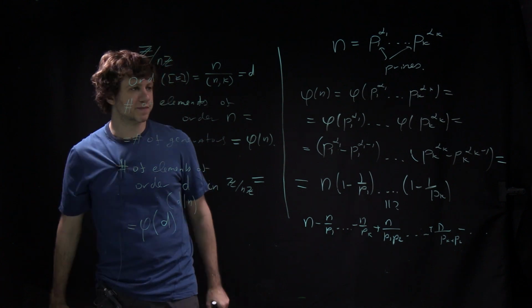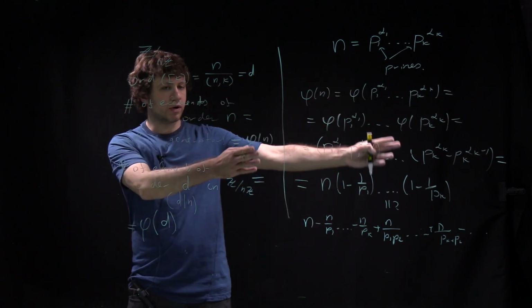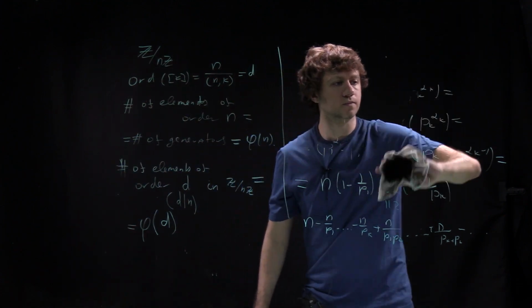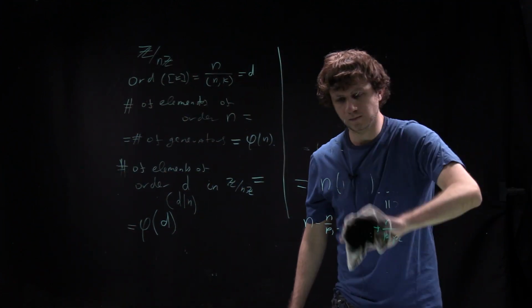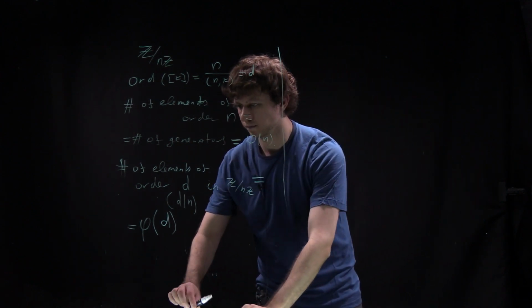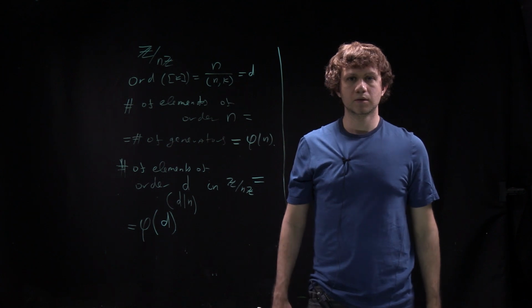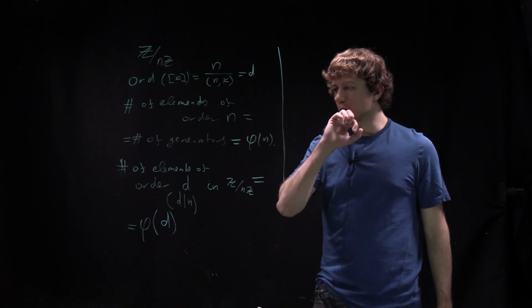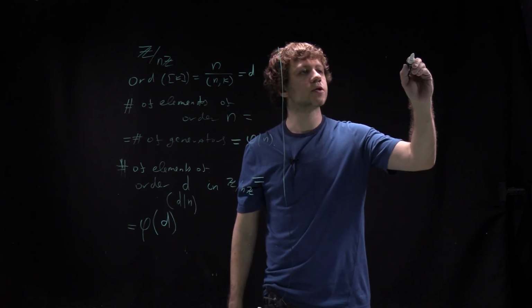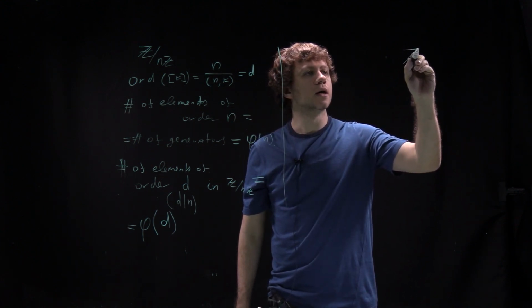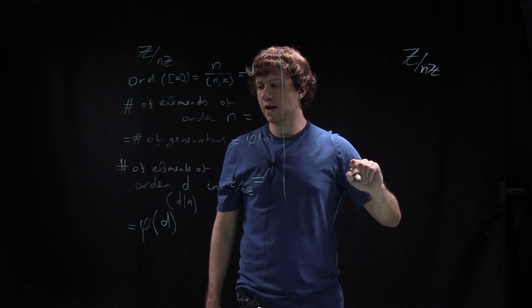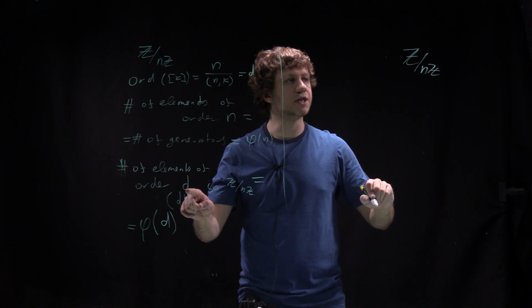Okay, let me prove that. So I want to erase that part first. Okay, so how shall I prove that? That's very simple. Let's consider Z over nZ, and I'm interested in elements of order d.